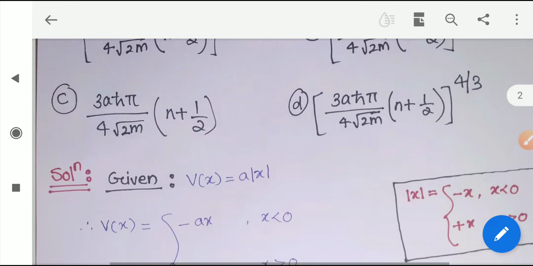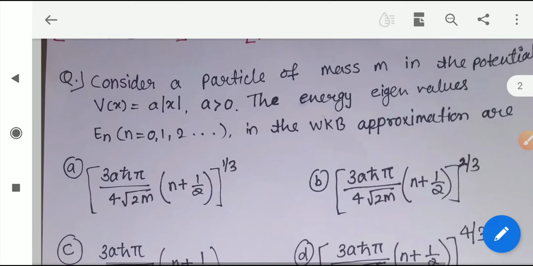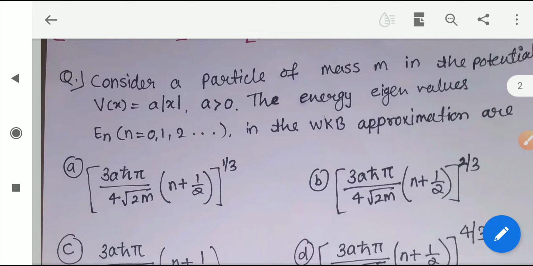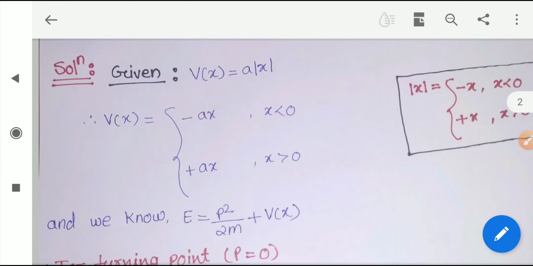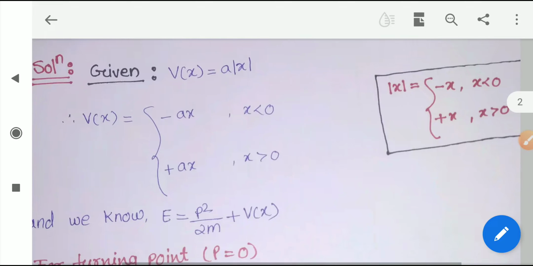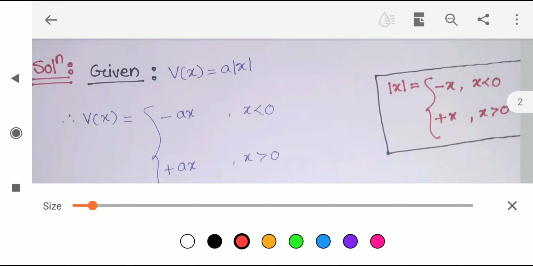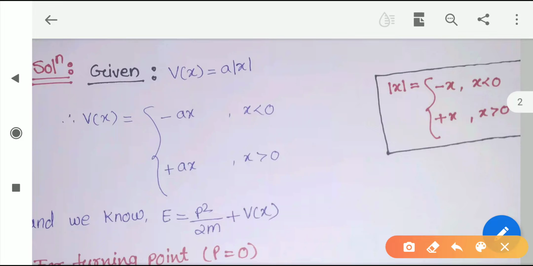To solve by the traditional method, first we will write the given potential, that is A mod of X. Now, as I told you, mod of X means one value is negative and the other can be negative or positive.